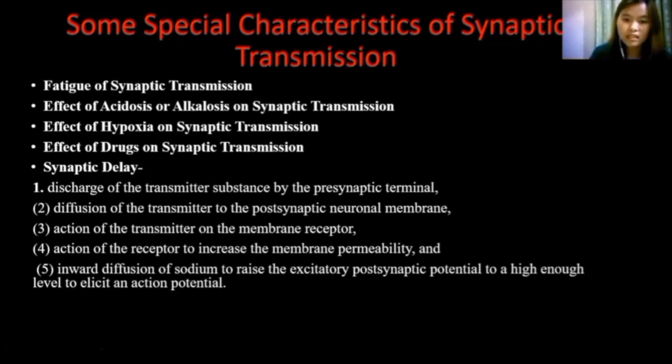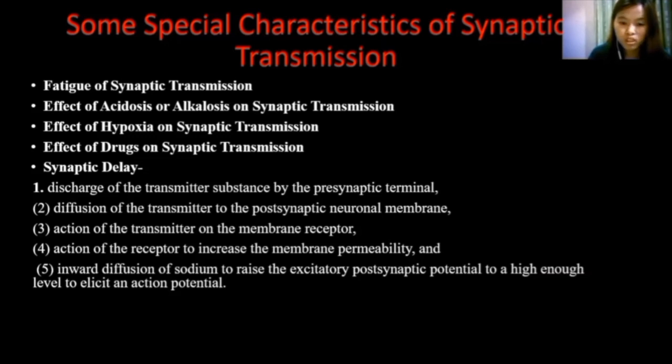Next is the effect of acidosis or alkalosis on synaptic transmission. Most neurons are highly responsive to the pH of the interstitial fluid. When the interstitial fluid is alkalotic, this will increase the excitability of neurons, while when it is acidotic, this will decrease the excitability of neurons.